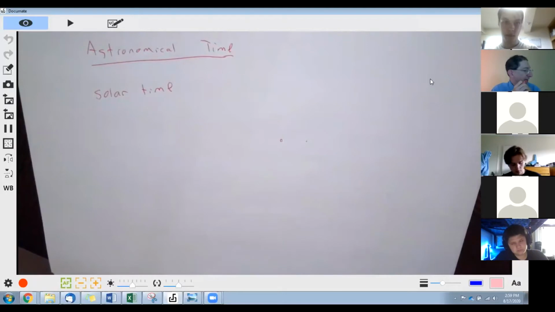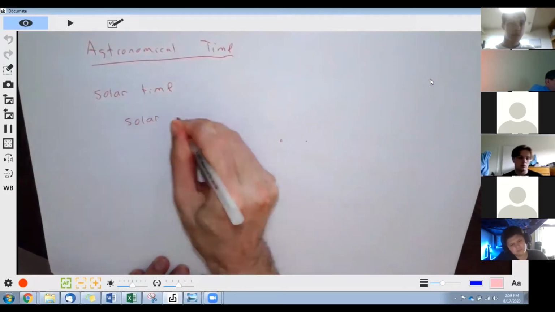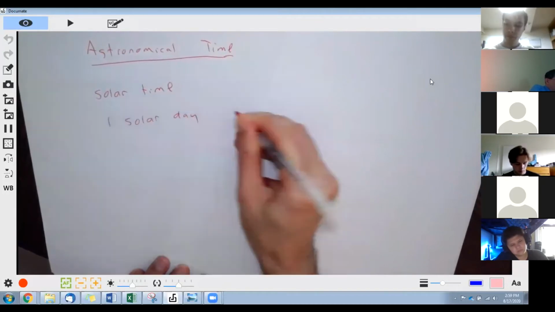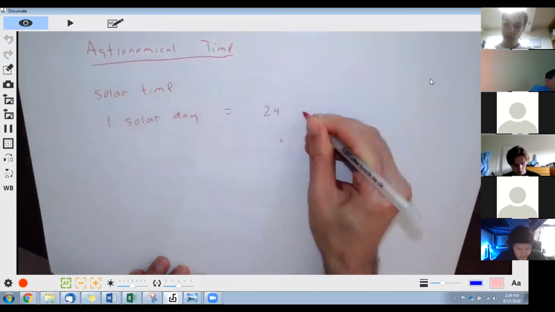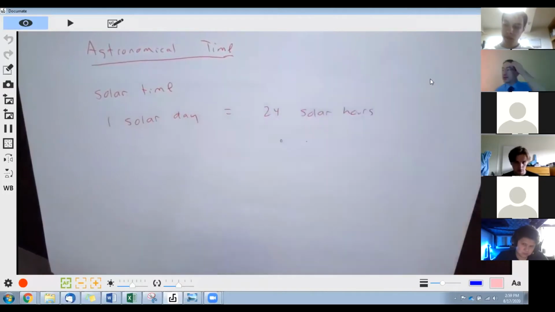So solar time. Let me grab the right page of notes here. Let's define the solar day. One solar day, we can break up into 24 solar hours, and you can break those up into minutes and everything. But technically, it's the amount of time it takes for the sun to go completely around the sky.